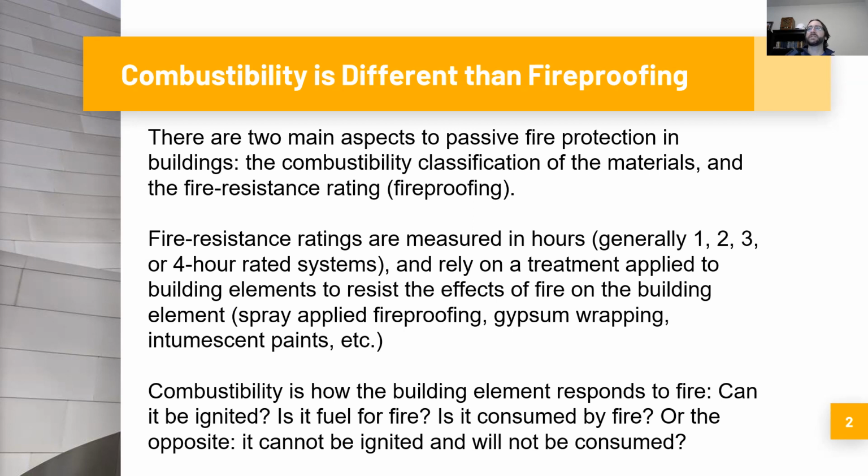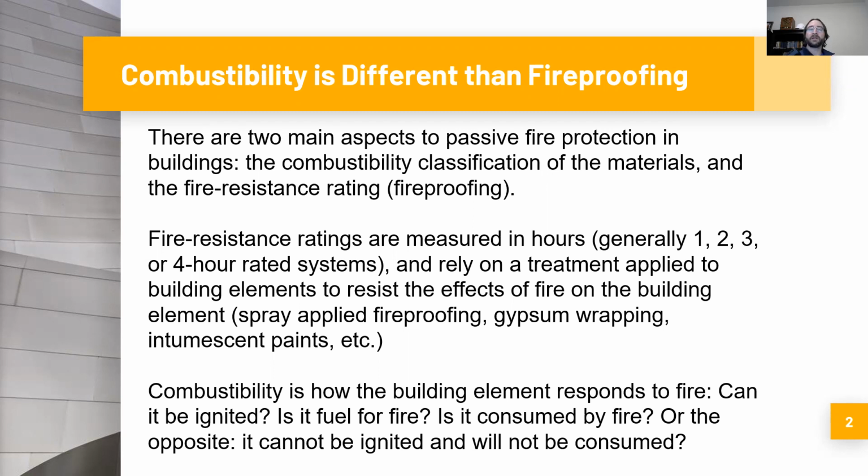So fire resistance ratings, those are measured in hours, generally 1, 2, 3, or 4 hour rated systems, and rely on a treatment applied to the building elements to resist the effects of fire on a building. That would be things like spray applied fireproofing, gypsum wrapping, intumescent paints, etc. And that's generally the first thing that comes to mind when a designer is thinking about the fire rating of a building, is what rating it actually has to be.